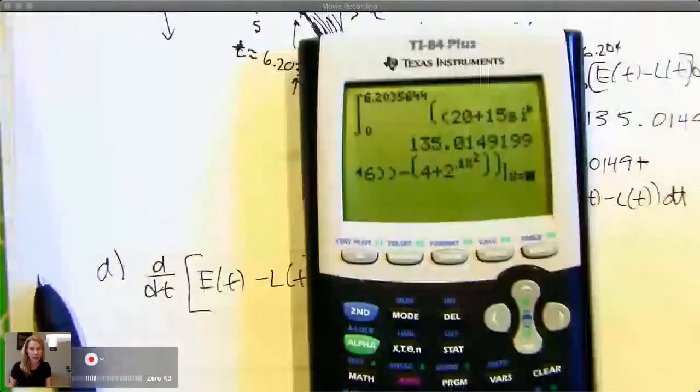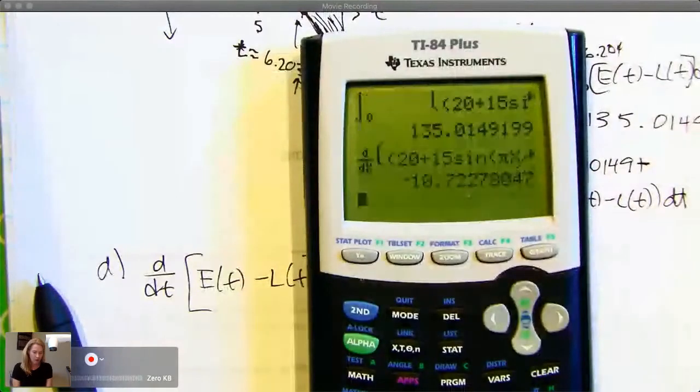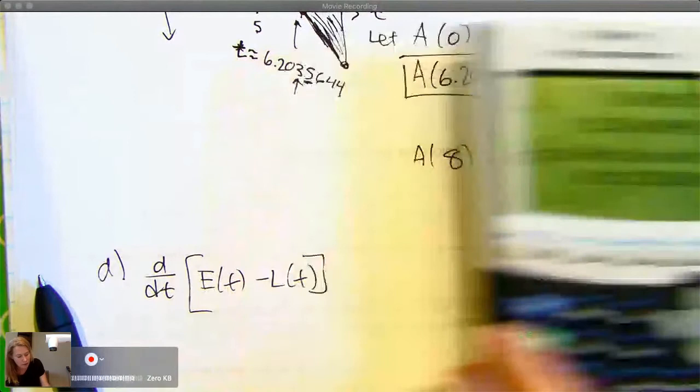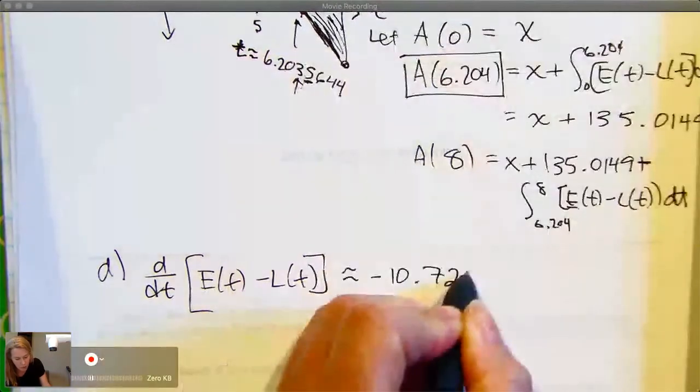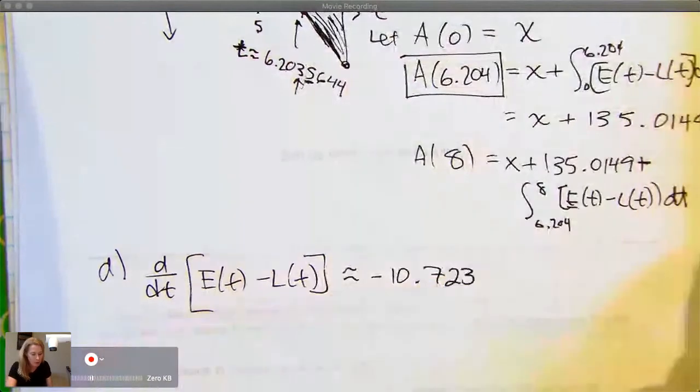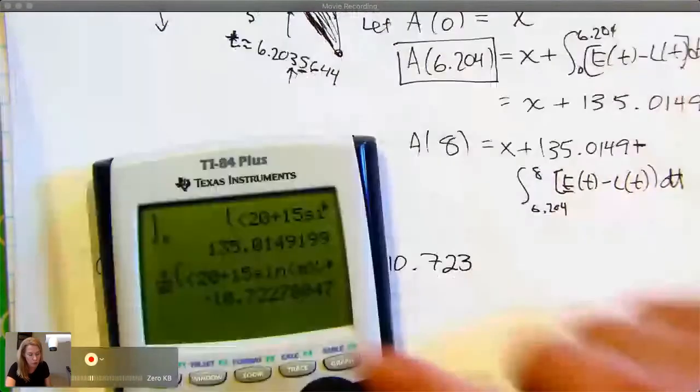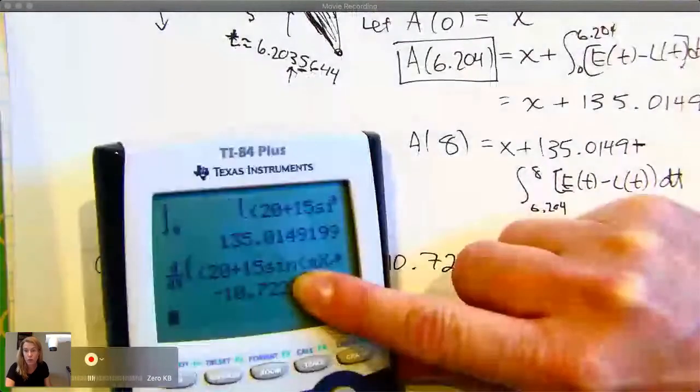Yes, at exactly time 5, boom. And we do verify that it is a negative. So that gives me negative 3.722, and I look at the next digit, it is a 7. That tells me to round that up to 0.723.